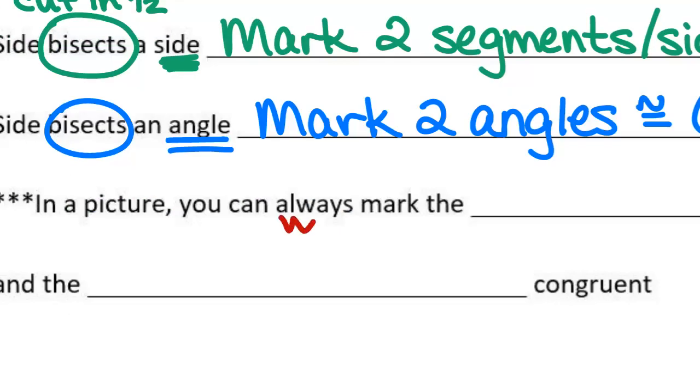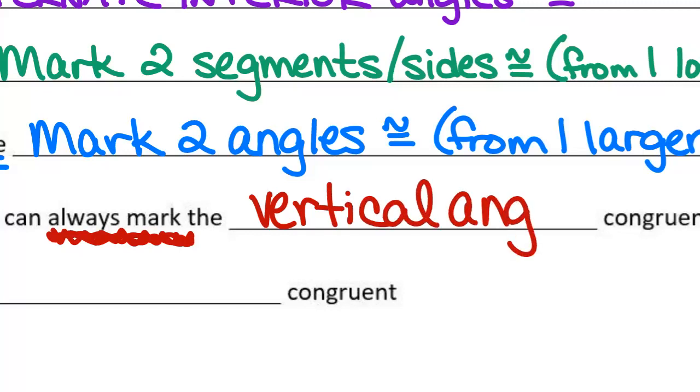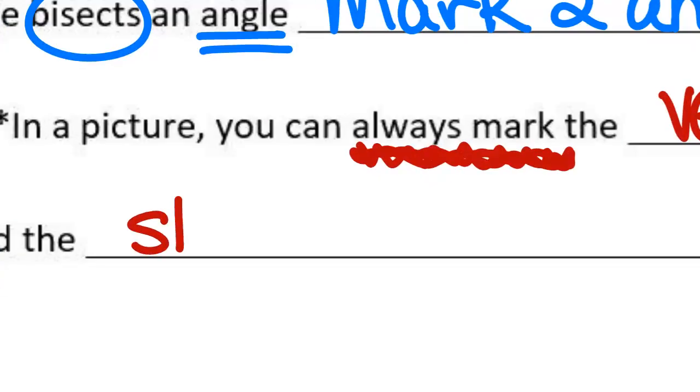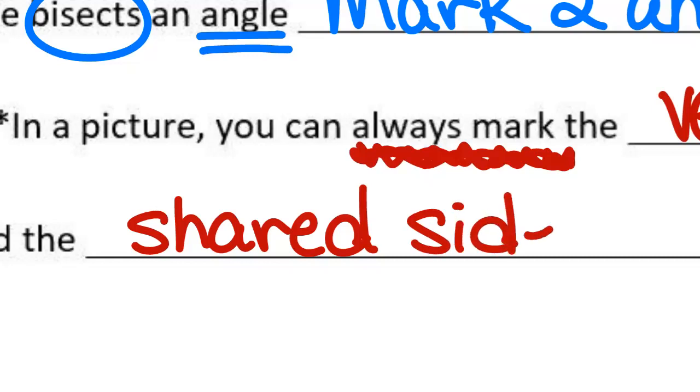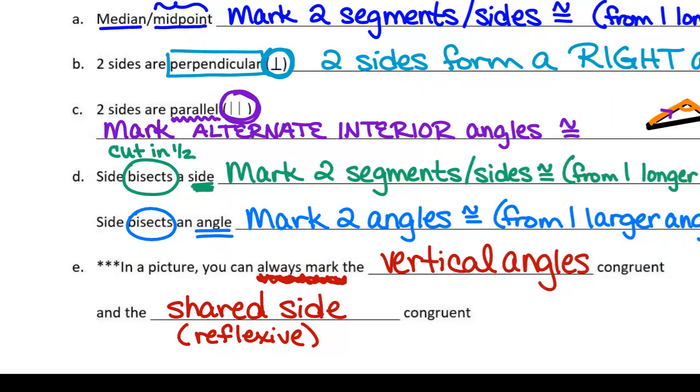Things that I am always allowed to mark, and these are things that I will always mark first. We can always mark the vertical angles congruent. And we can always mark the shared side congruent. When I mark a shared side congruent, that is my reflexive property because I'm saying it's congruent to itself.